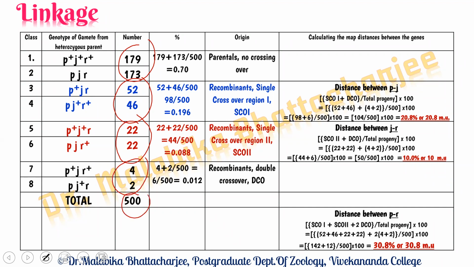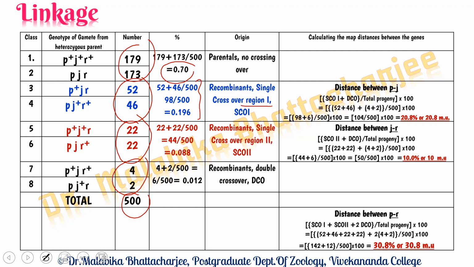So to obtain the percent of progeny present per category, what do we do? We add up the parentals and divide by the total number of progeny. The amount of single crossovers in region 1 is 98 by 500, that is 0.196.